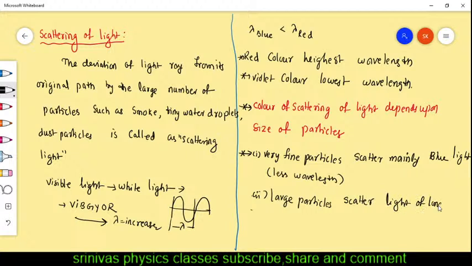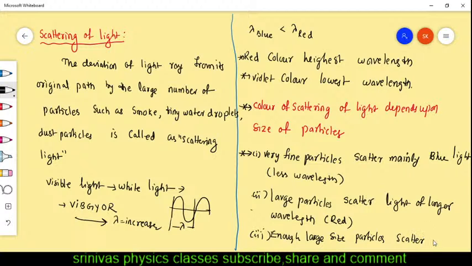Okay, longer wavelength means red color, it will scatter red color. Take a very large size, enough large size means very big size particles. Enough large size particles scatter white light, they bend white light like this. Okay, take the screenshot and note it, some important points I am giving. I am going to erase, I will continue for 10 more minutes.